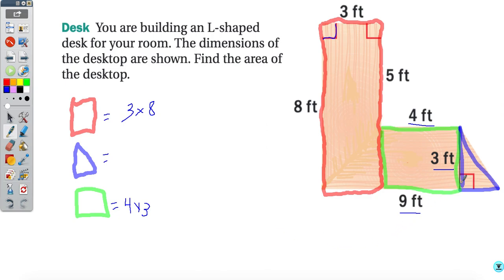Which leaves me just with this triangle. Well, I can see this 3 is the height. So the only thing I still have to figure out is what this base is right here.